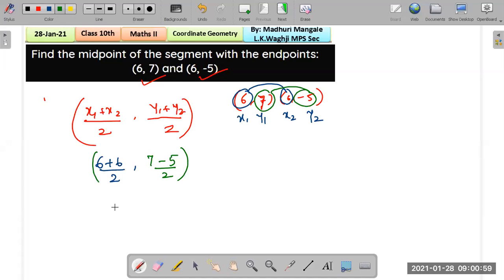Simplifying this, you will get the answer. That will be 12 upon 2 comma 2 divided by 2. Quickly get the answer to this and submit the correct answer.